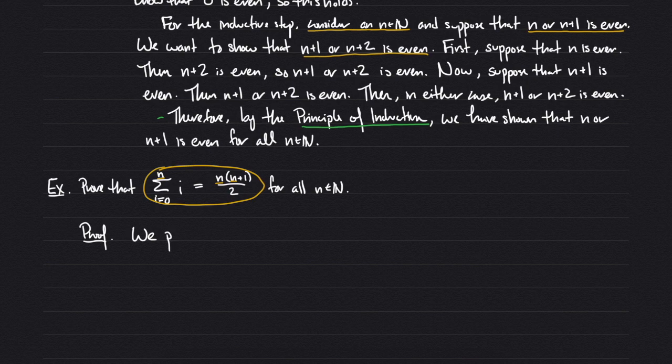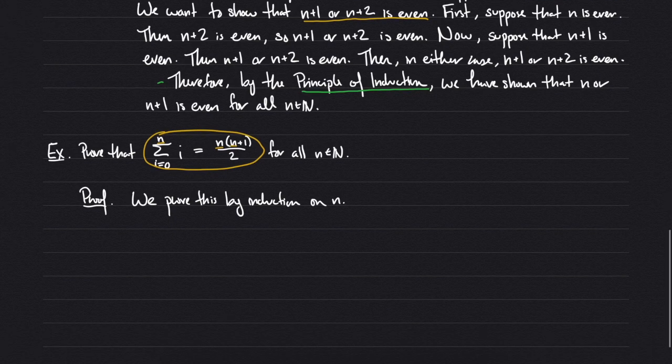So just as before, I'll write, we prove this by induction on our variable n. So now there are two variables, and just to be clear, the i is bound, so it wouldn't make sense to do induction on i at all, but just to be clear, we tell the reader that we're going to do it by induction on n.